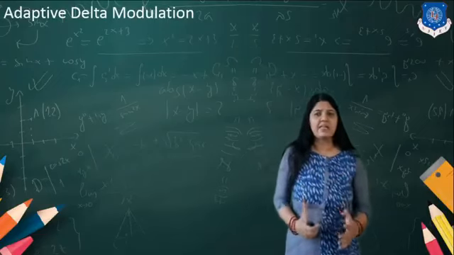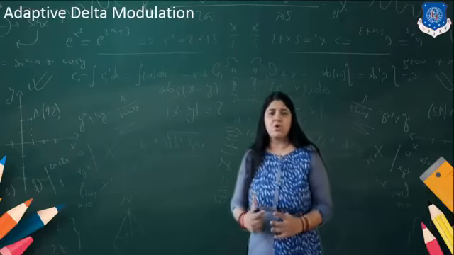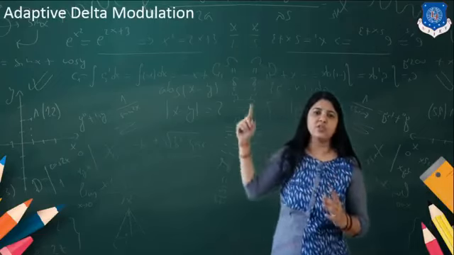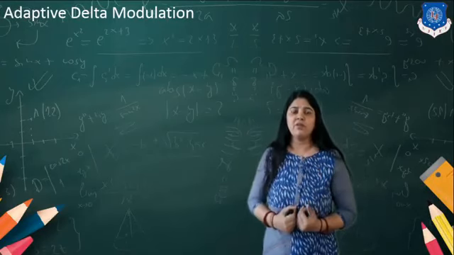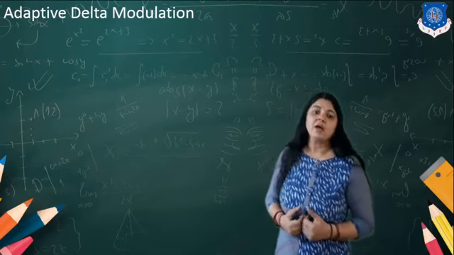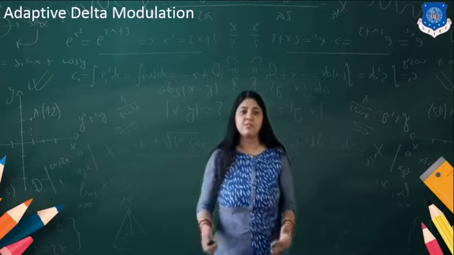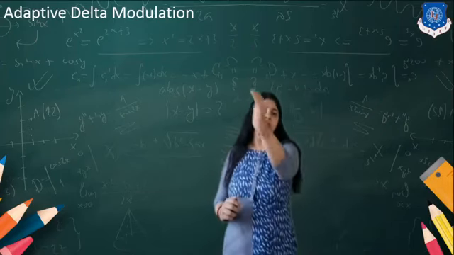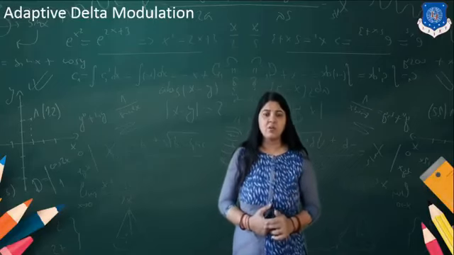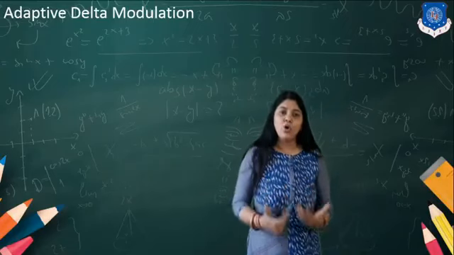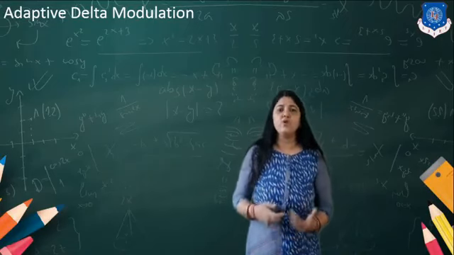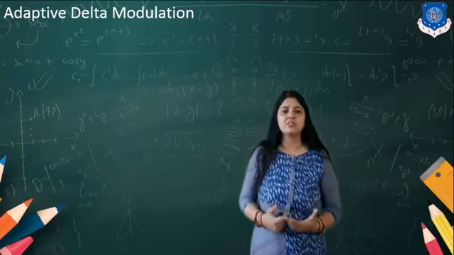I said that in delta modulation, according to the original signal waveform, the step size is constant. Sometimes, when there is a gradual change in the sequence and the staircase waveform does not follow the original signal, then we don't have the accurate original signal.